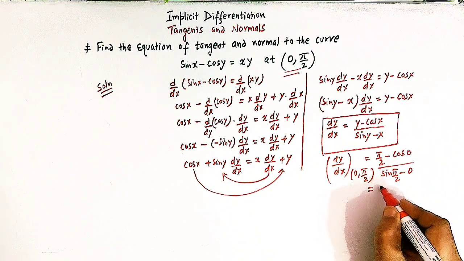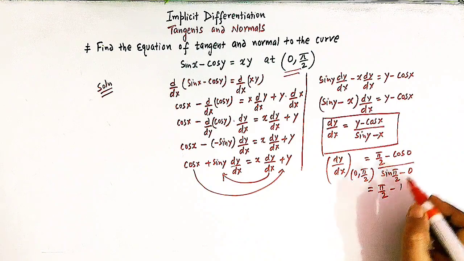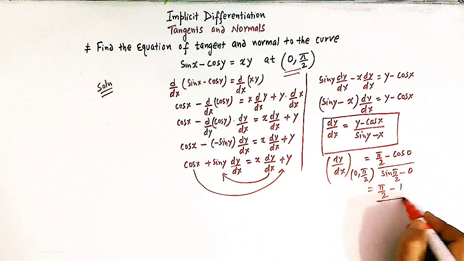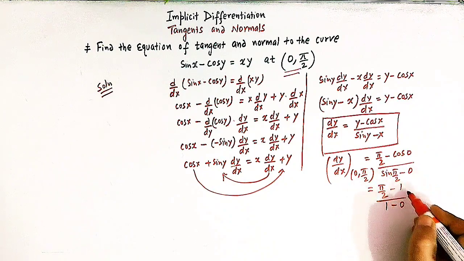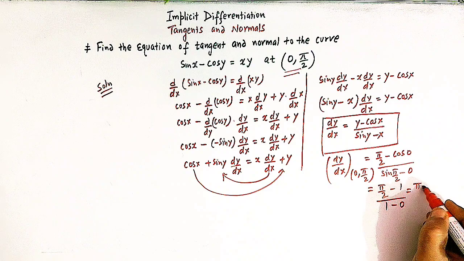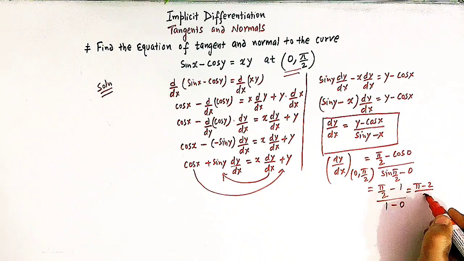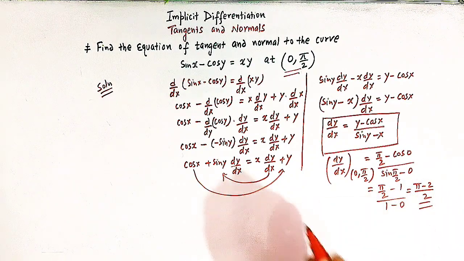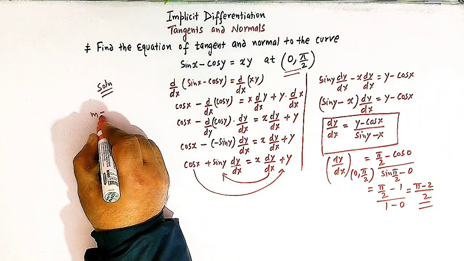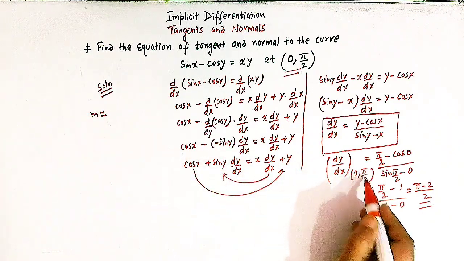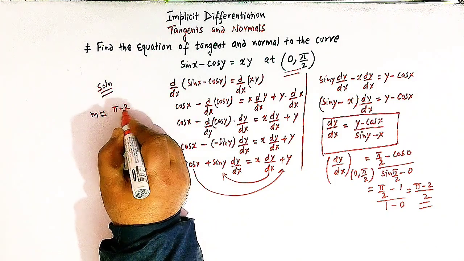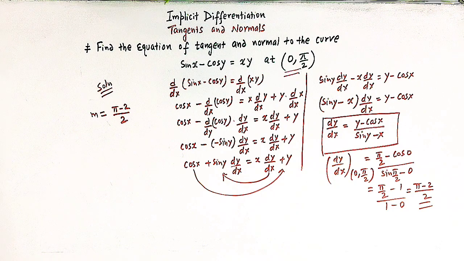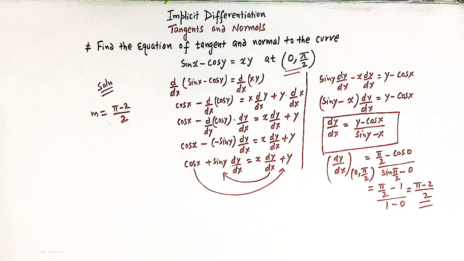So this is pi by 2 minus 1, because cosine 0 is 1, sine pi by 2 is 1, and here we have 0, so this is pi minus 2 over 2, right? So the slope of the tangent at this point 0 comma pi by 2 is given by pi minus 2 over 2, right?